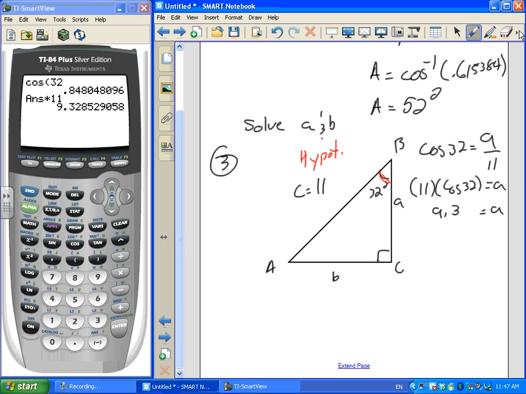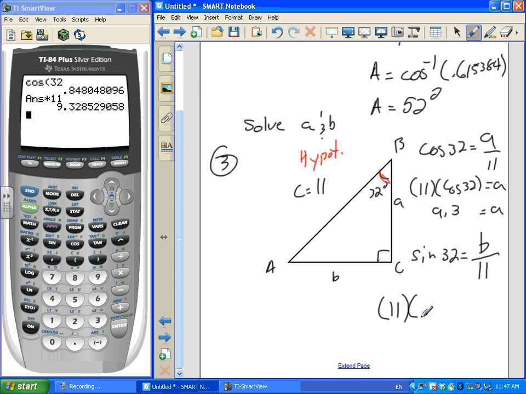Now we're going to set up side B. Side B, we have the opposite side we're looking for, and we have the measurement of the hypotenuse. I'd be using sine for that. So sine 32 is equal to the opposite, which is our B, divided by the hypotenuse, which is 11. Exact same idea.